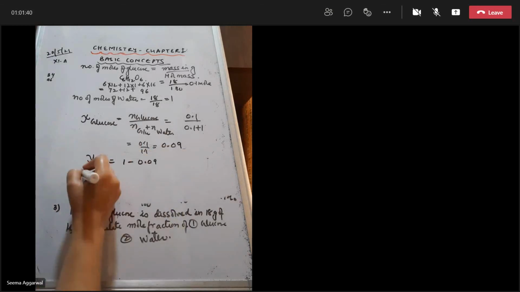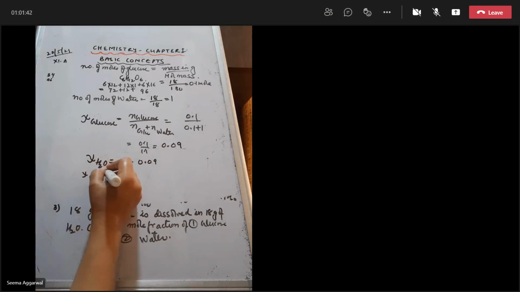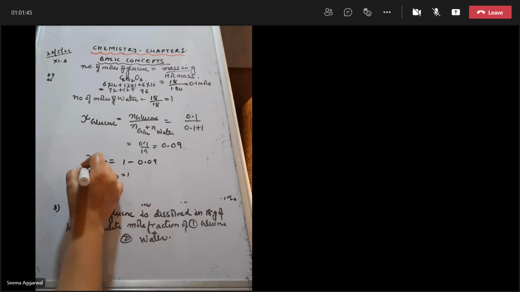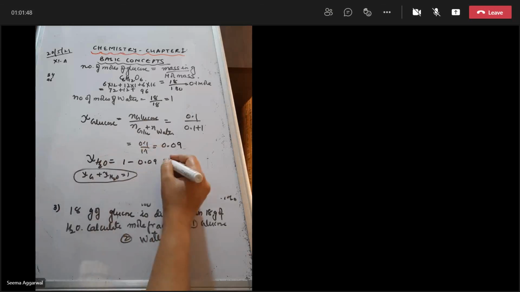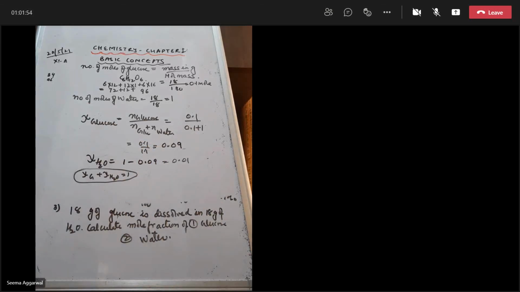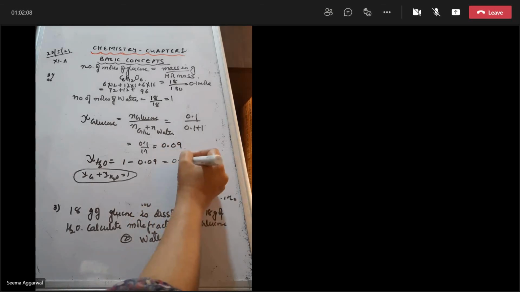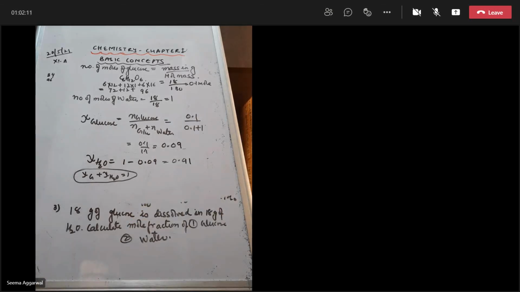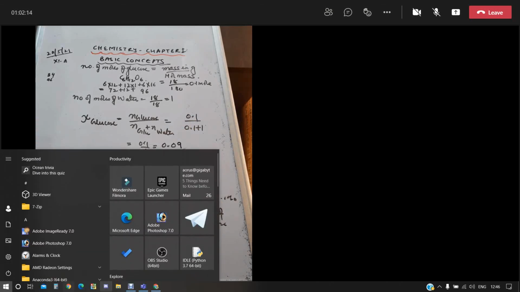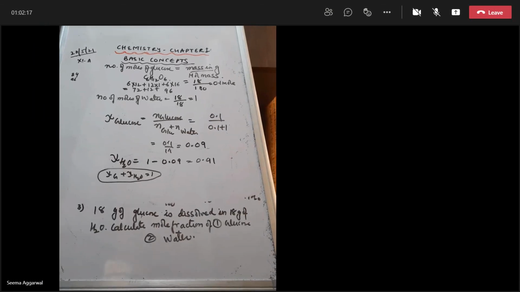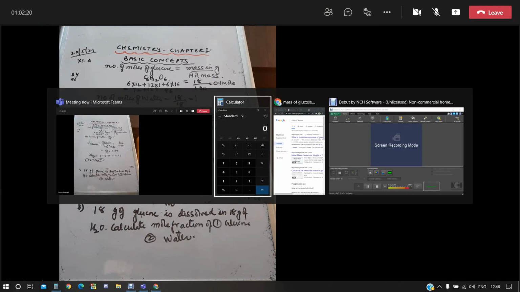Total mole fraction is 1, you know. So if I have calculated one, I can directly calculate the other. Approximately 0.91. Is the calculation okay? Yes, ma'am. So this is a simpler question based on the mole fraction.